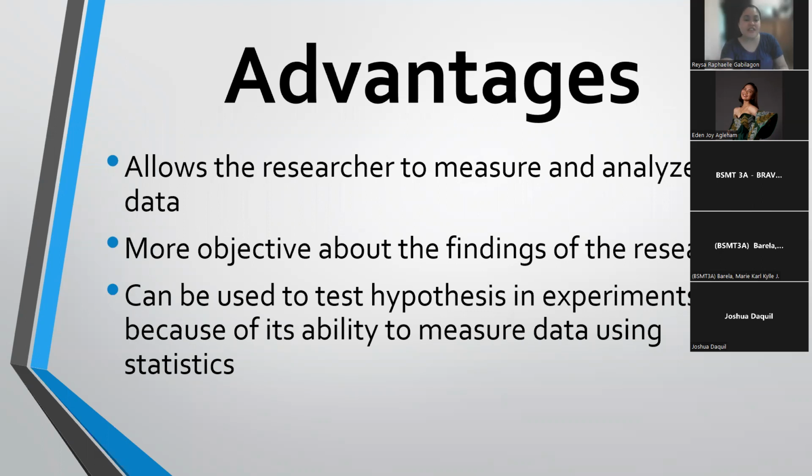So what are the advantages of making a quantitative research? This allows us to measure and at the same time analyze data. And since we have numerical data and then we employ statistical testings, then there will be more objectivity about the findings of our research. Kasi nag-guide tayo ng protocols and guidelines mismo ng statistics.